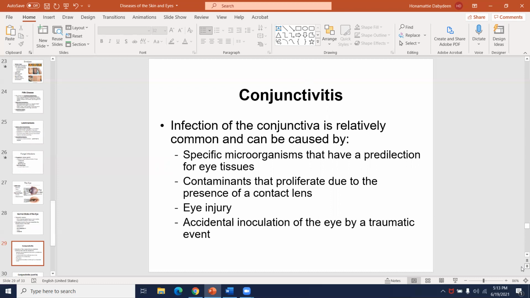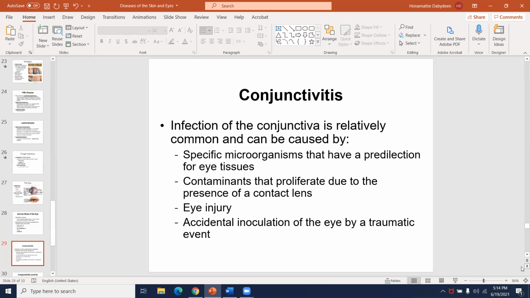And a lot of times, the reason for getting conjunctivitis in the first place is self-contamination. You have a person with contact lenses, and many times they take the lens out on a daily basis. They remove the lens before they go to sleep, and they put them back on in the morning.